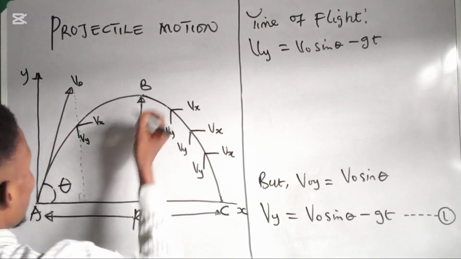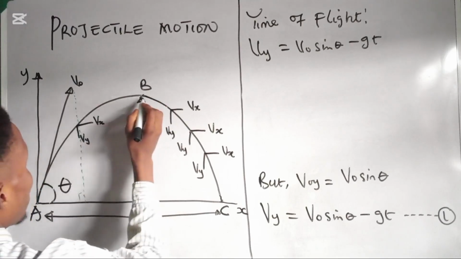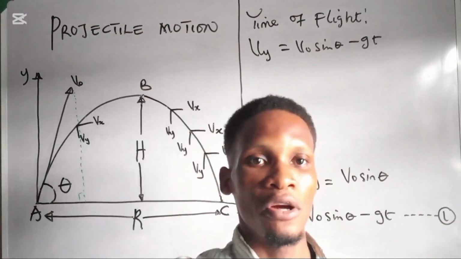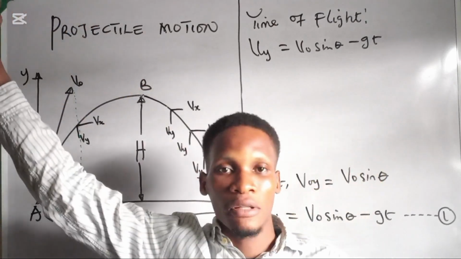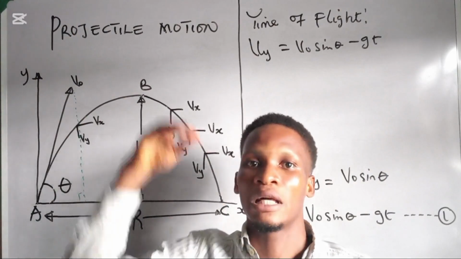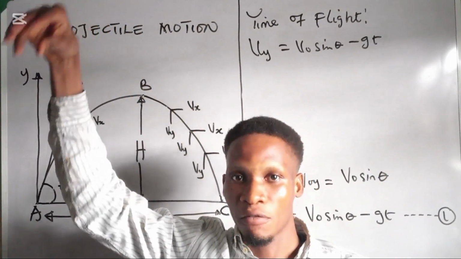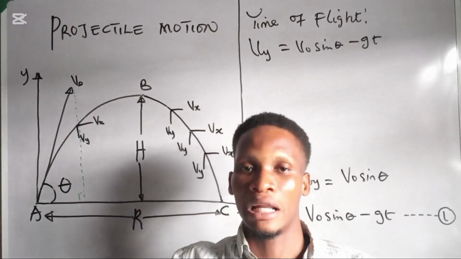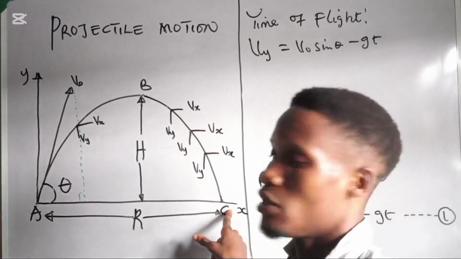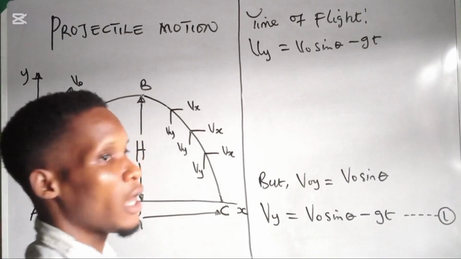It reached a point where Vy, the final velocity at this point, becomes 0. That was the point where it was not able to move further, so it became 0 before the force of gravity acted on it, and it now starts to fall down to point C, which is the point of projection.